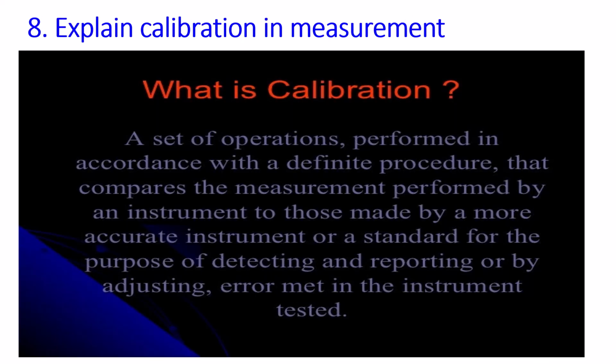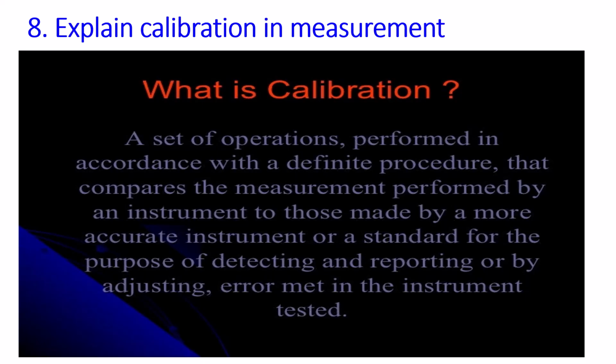Next question, explain calibration of measurement. A set of operations performed in accordance with a definite procedure that compares the measurement performed by an instrument to those made by a more accurate instrument or a standard, for the purpose of detecting and reporting, or by adjusting, errors met in the instrument tested.